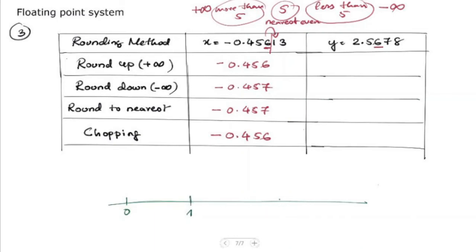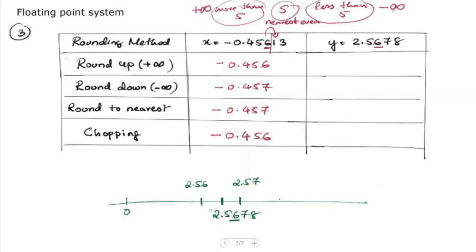Let's not consider 1, 2, 3, but the numbers. So here, if this number here is 2.5678 and we want to round it at the third digit, the number before it would be 2.56, and the number after it would be 2.57, considering only up till the third digit.